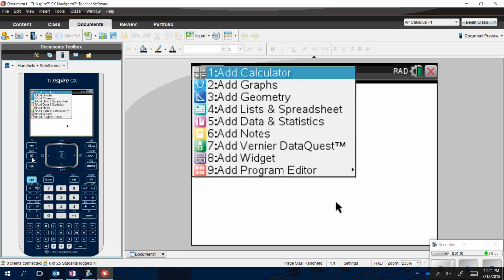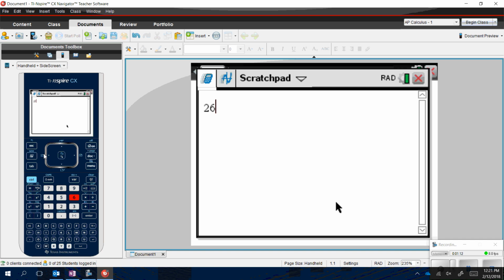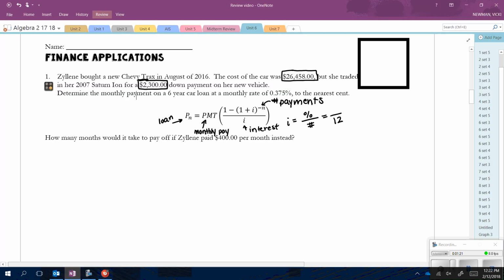So we go to here, $26,458 minus $2,300. Her loan is going to be for $24,158. So P sub n is 24,158.